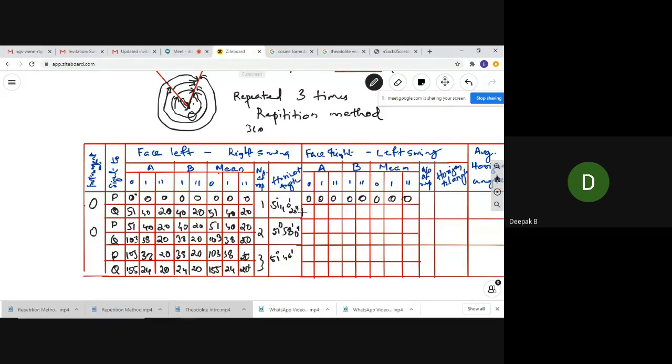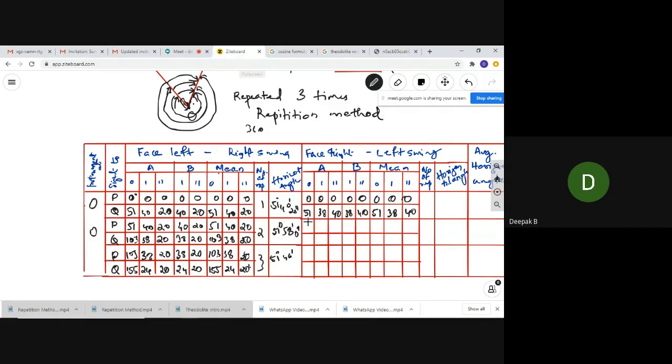So the reading that I will be getting here is 51 degree, 38 minute, 40 seconds. Okay, write along with me. 51 degree, 38 minute, 40 seconds. Again B vernier 38 minute, 40 seconds came. So mean will be 51, 38, 40.